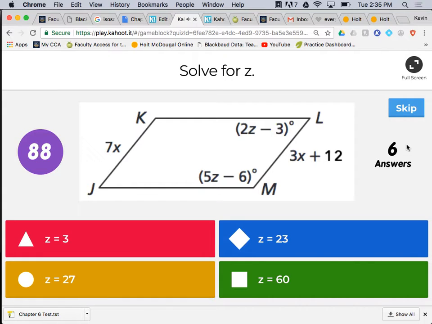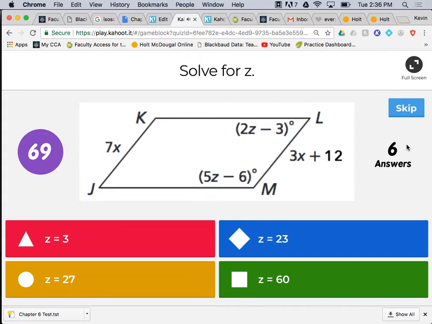Supplementary. They add up to 180. Can we have like a free password quiz? Remember, these exact same types of questions are going to be on your quiz, so make sure you're actually trying. Almost exact same, just different numbers.